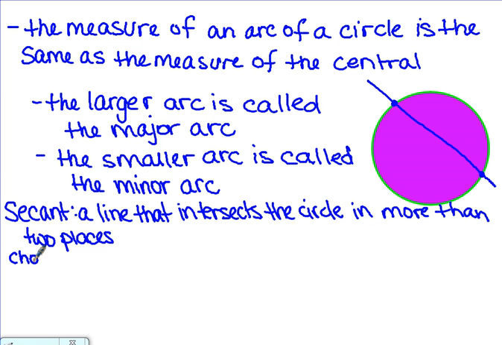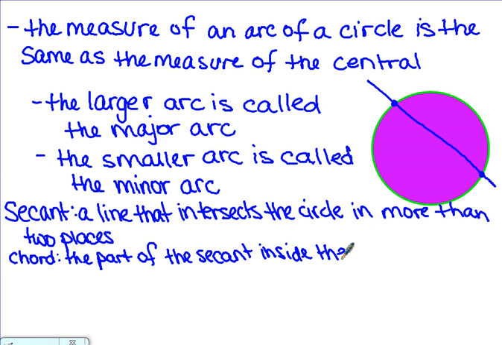The chord is the part of the secant inside of the circle. We can see that from the drawing over here on the side, as the line passes through those 2 points, forming a chord in the circle. Now, the point where the line and the circle touch is called the point of tangency.